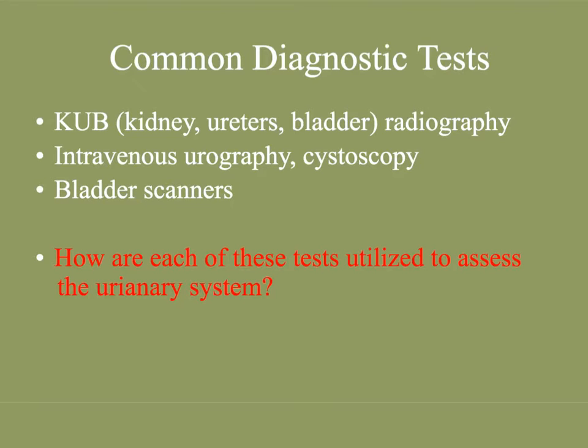Intravenous urography is an X-ray that is done after the injection of a radiopaque dye into the patient's vein. Essentially what that does is it illuminates the renal system, and it can be used to detect anatomical abnormalities, and any renal calculi, any kidney stones in there.